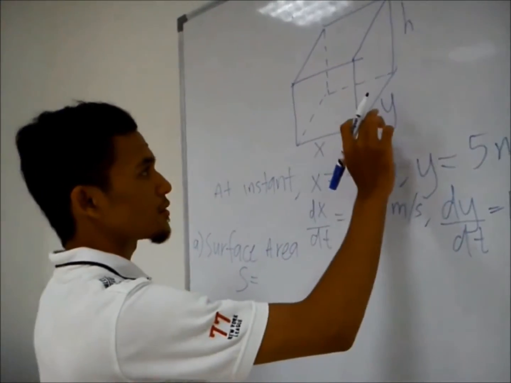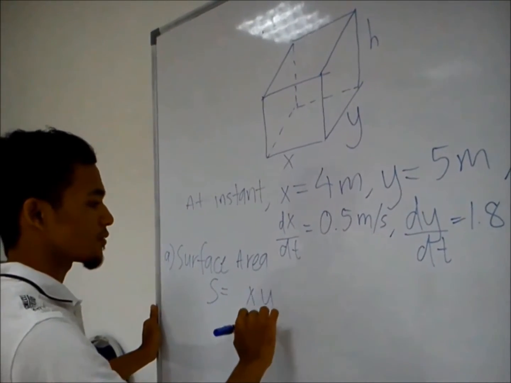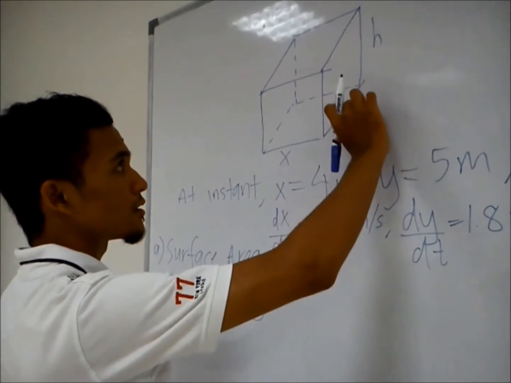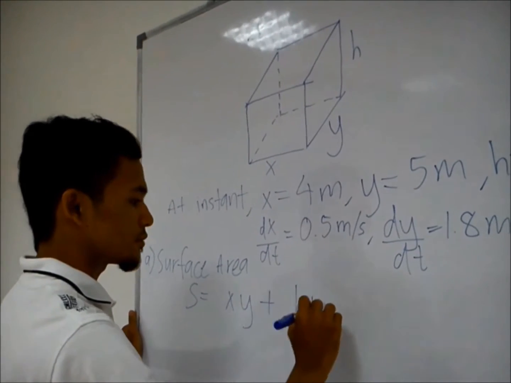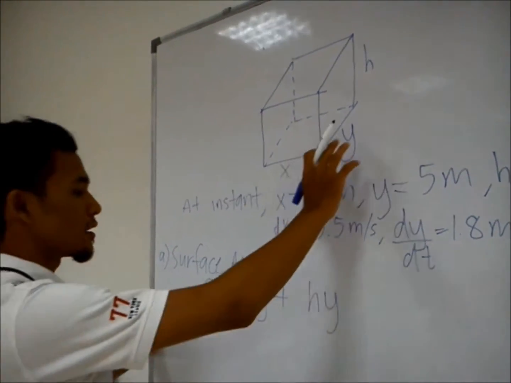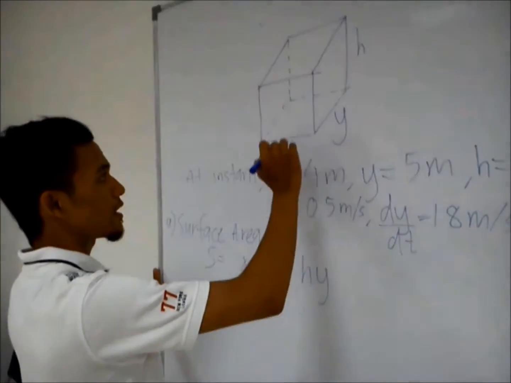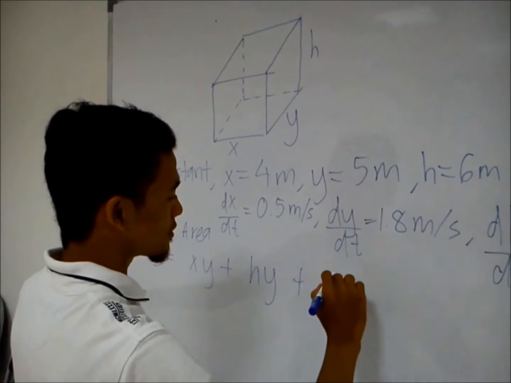First there is x multiplied with y, plus the surface y multiplied with h, and then there is another surface area h multiplied with x.